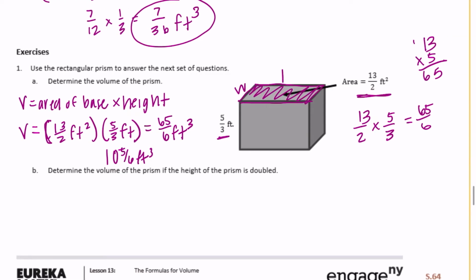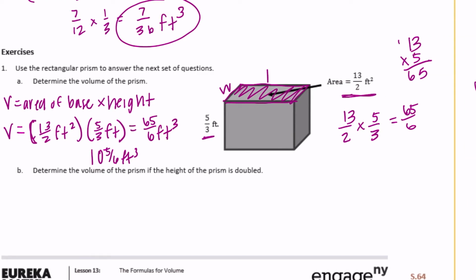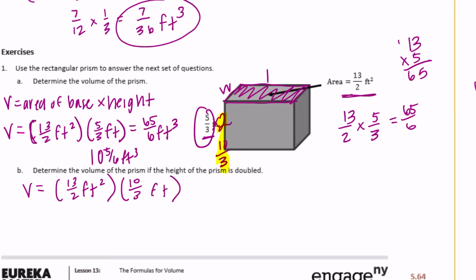Determine the volume of the prism if the height of the prism is doubled. So this is doubled, times 2, or otherwise that is 10/3 instead of 5/3. We would do the volume is equal to 13/2 feet squared times, we doubled the height, so times 2, we got 10/3 feet as the height.